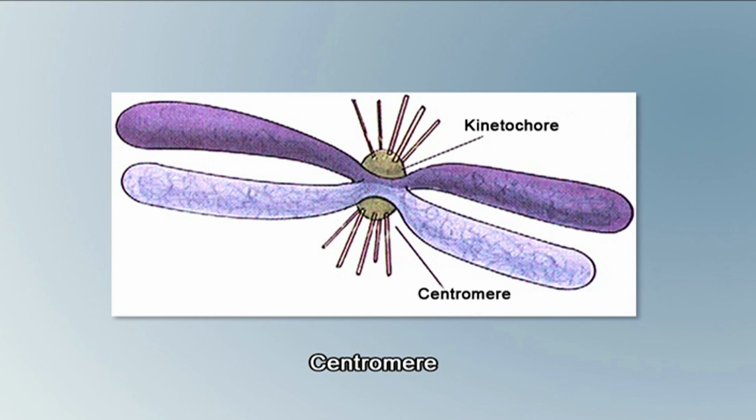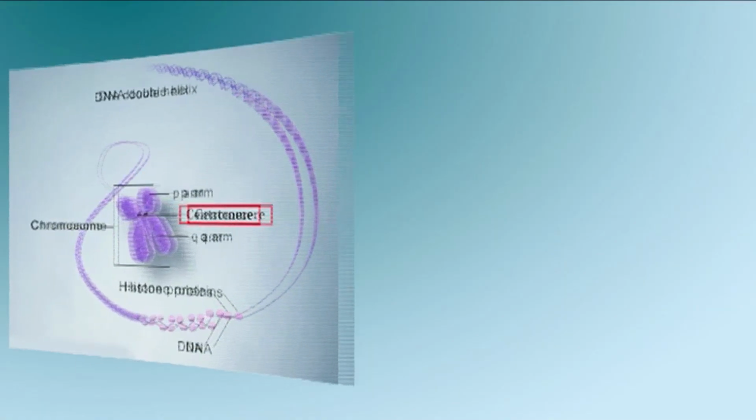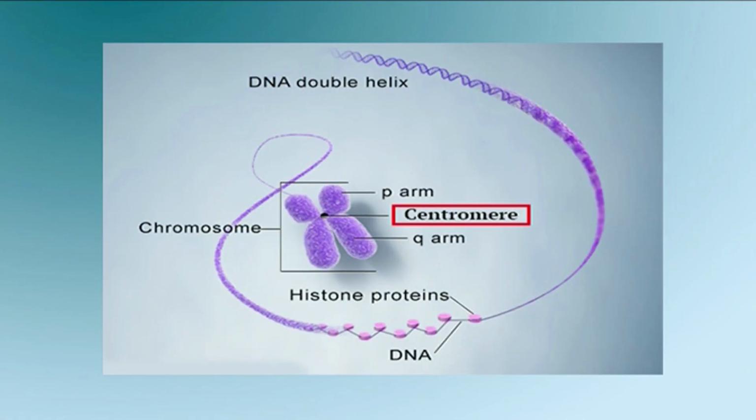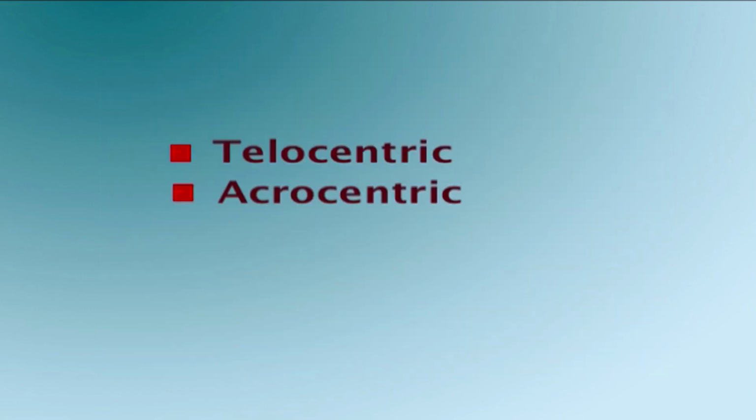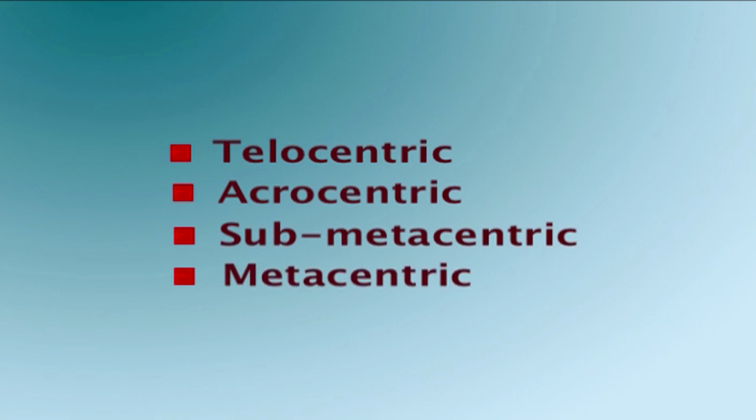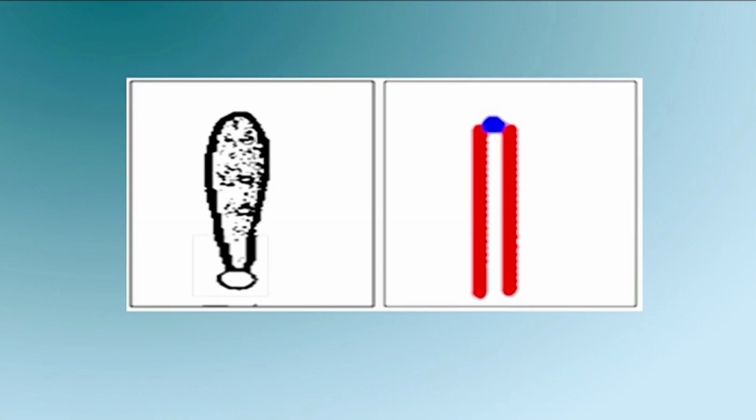The location of the centromere determines the relative length of chromosome arms. The position of the centromere varies from chromosome to chromosome and it provides the following different shapes to the chromosomes: telocentric, acrocentric, submetacentric and metacentric. Telocentric: when the centromere is at the terminal or proximal position, the chromosome is called telocentric.